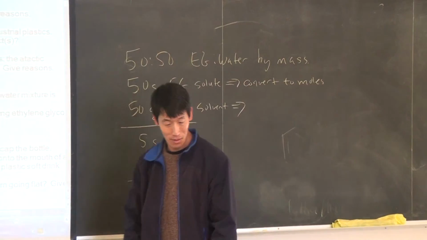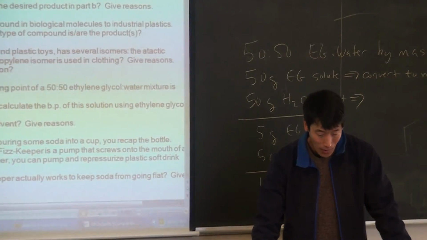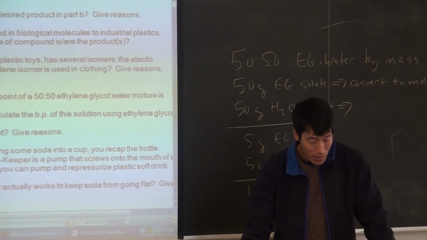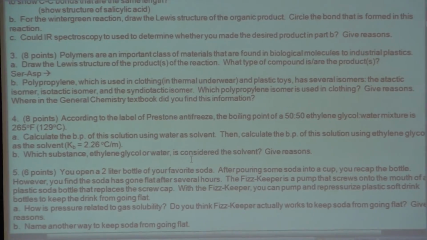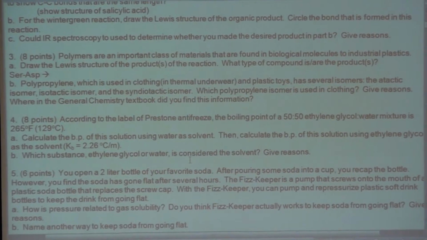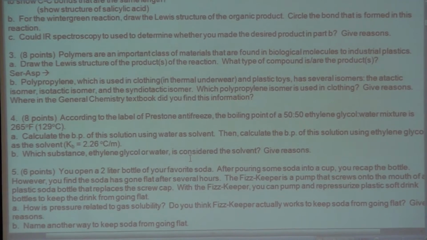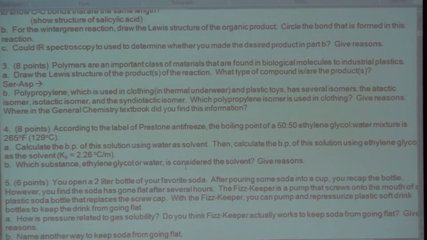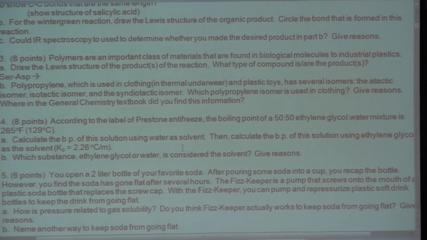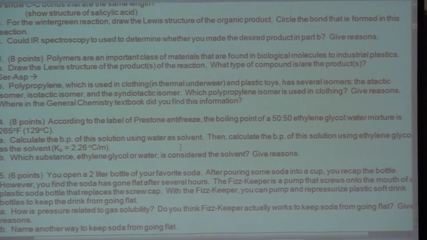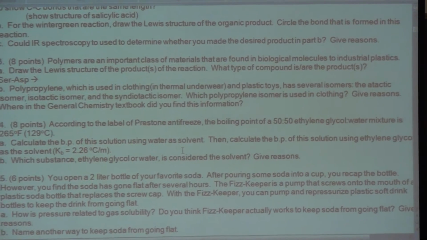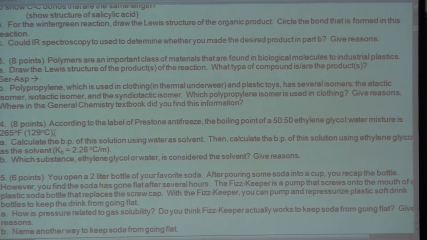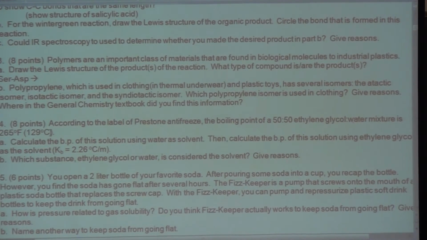Okay. Then based on these two, you can figure out which substance is considered the solvent. Now it turns out here that ethylene glycol has a boiling point of about 190 degrees Celsius. Note that this boiling point here is 129 degrees.